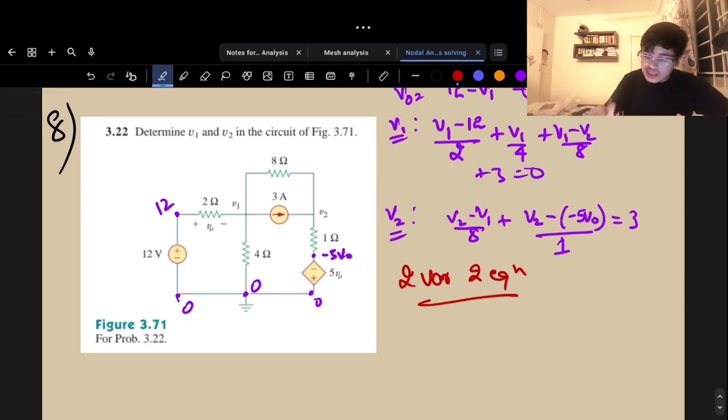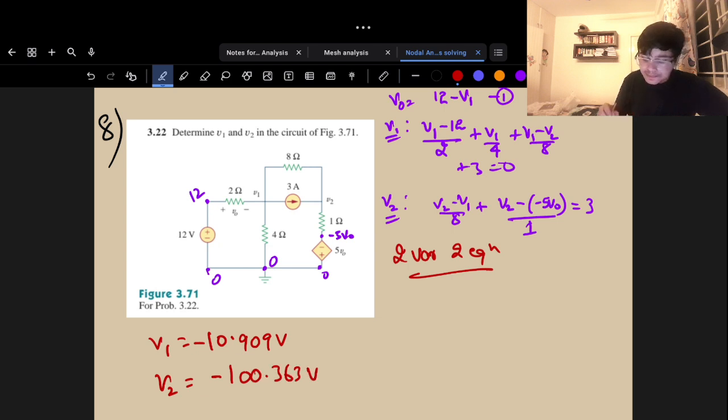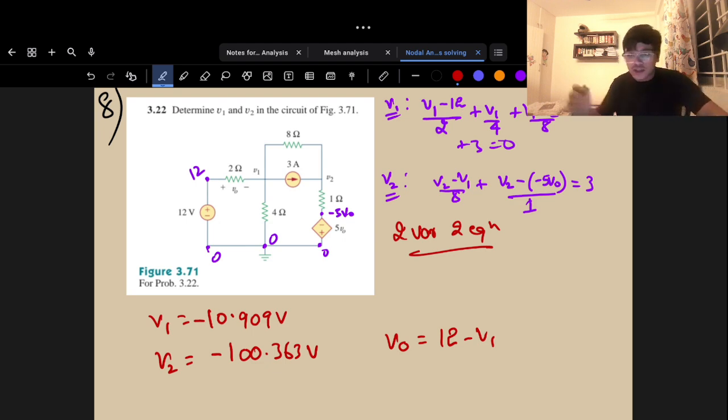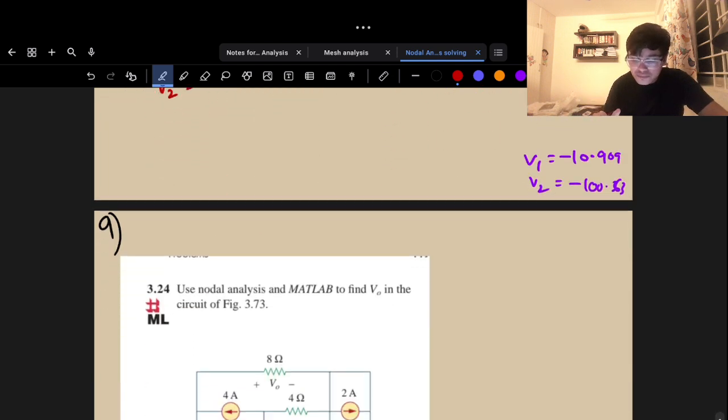V1 is equal to minus 10.909 volts and V2 is equal to minus 100.363 volts. If you want to find V naught, it will be simply 12 minus V1. I haven't calculated it, but you can calculate it if V naught is required.